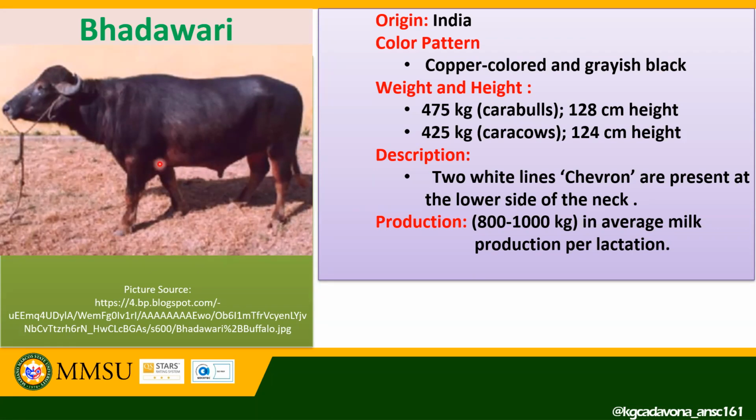Then as you could observe, there is this existence of two white lines, which is called the chevron, which are present at the lower side of the neck, similar to the Sorti buffaloes, which I will discuss later on.